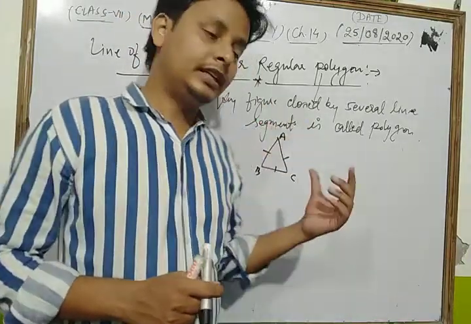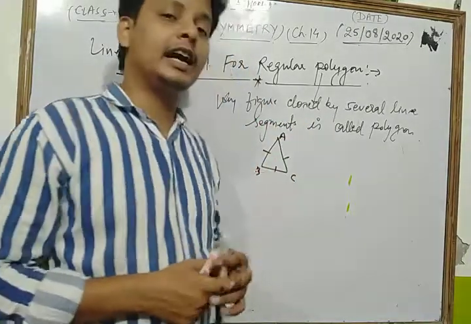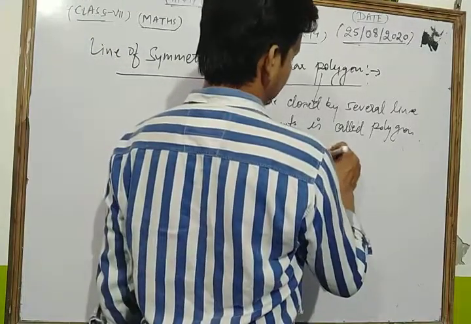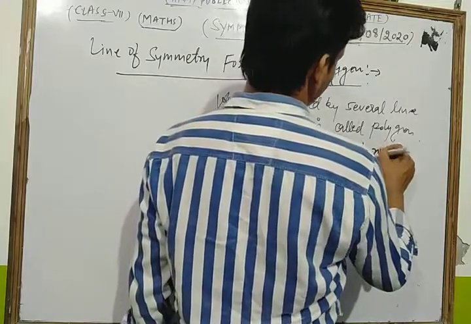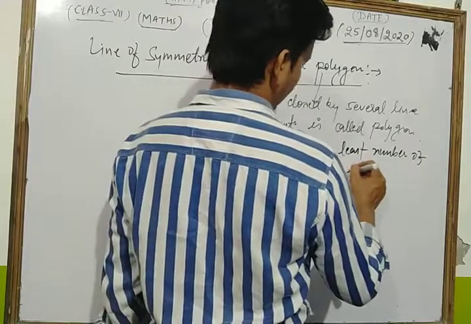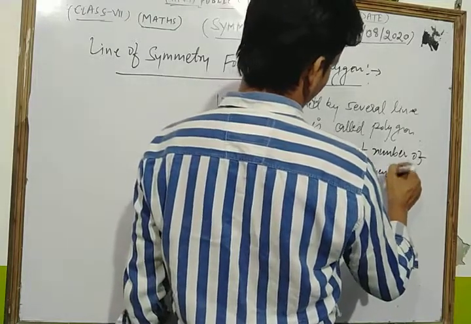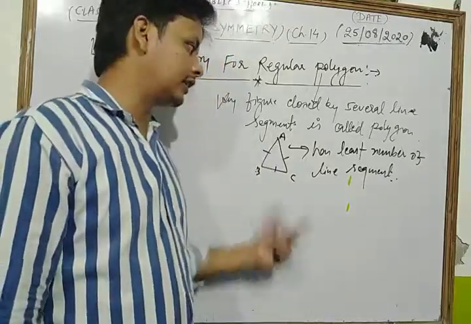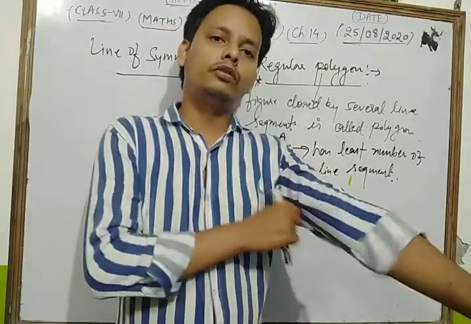So if we are asked which figure has the least number of line segments, your answer is triangle.